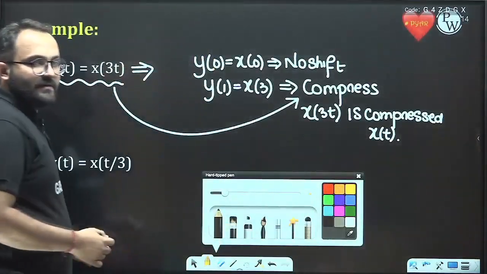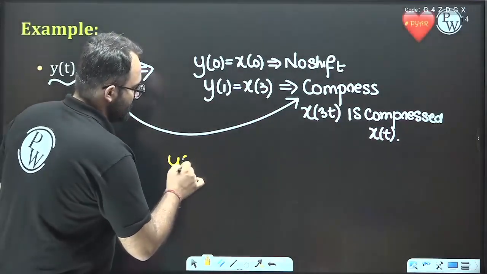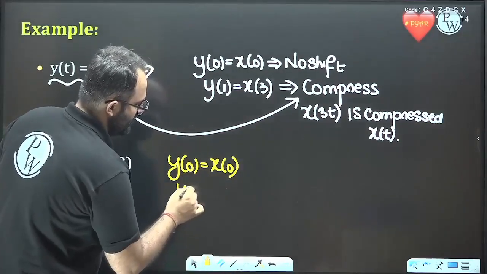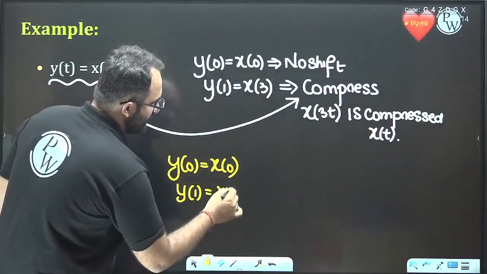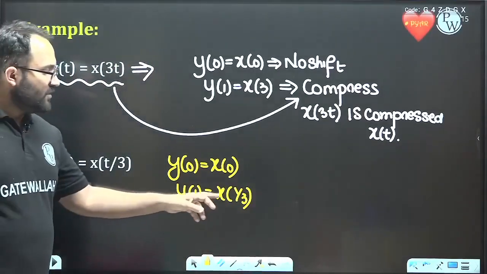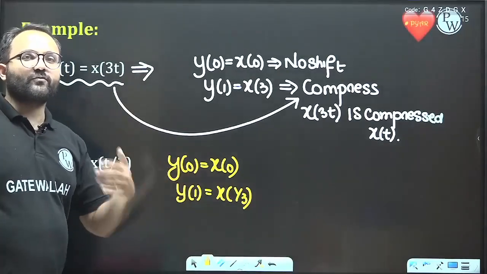Similarly, in this example, we can see that y(0) equals x(0), but y(1) is equal to x of 1 by 3. So x of 1 by 3 means 1 by 3 in the original signal is going to 1.